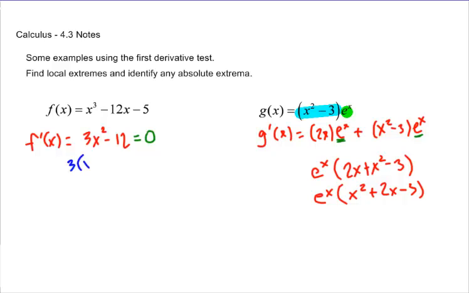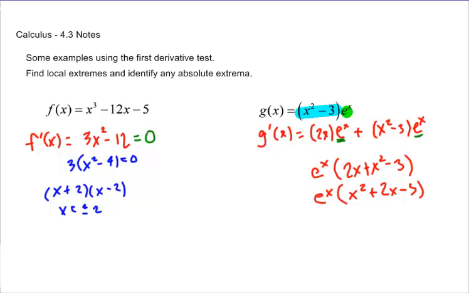I'm going to take a 3 out and have x squared minus 4 equals 0. And I can divide both sides by 3, and the 3 will go away. So that gives me x plus 2 times x minus 2. And so when x is plus or minus 2, I have zeros on my graph.